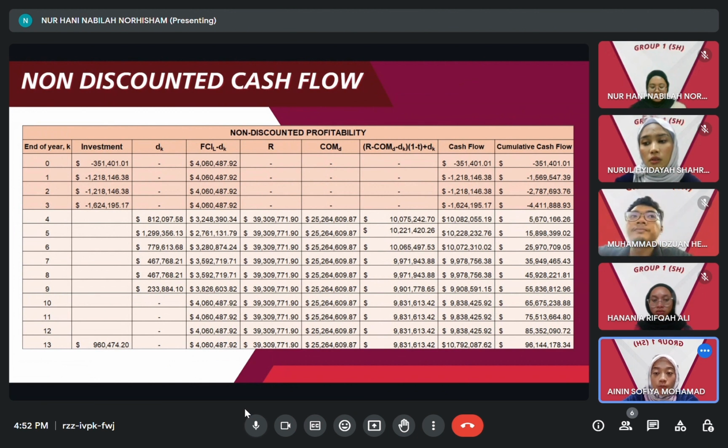Then afterwards, we subtract the depreciation from the fixed capital investment, and we get the value as shown in the table. As for the revenue and cost of manufacturing, it will remain the same from year 4 until year 13. The next column is where the revenue is subtracted with the cost of manufacturing and depreciation, multiplied by 1 minus the taxation rate, and later plus the depreciation. And the cash flow, we get as shown in the table. Lastly, the cumulative cash flow is where we add up the cash flow diagonally.